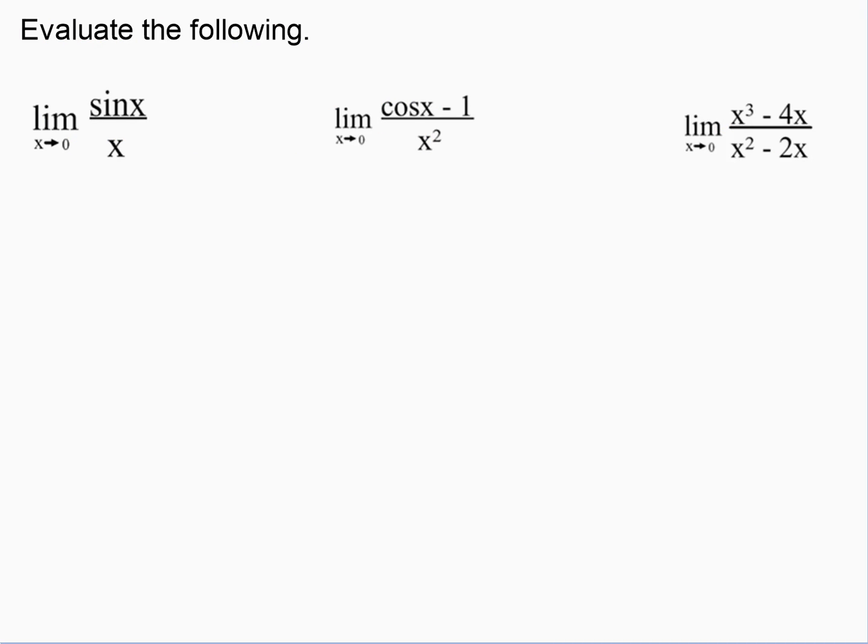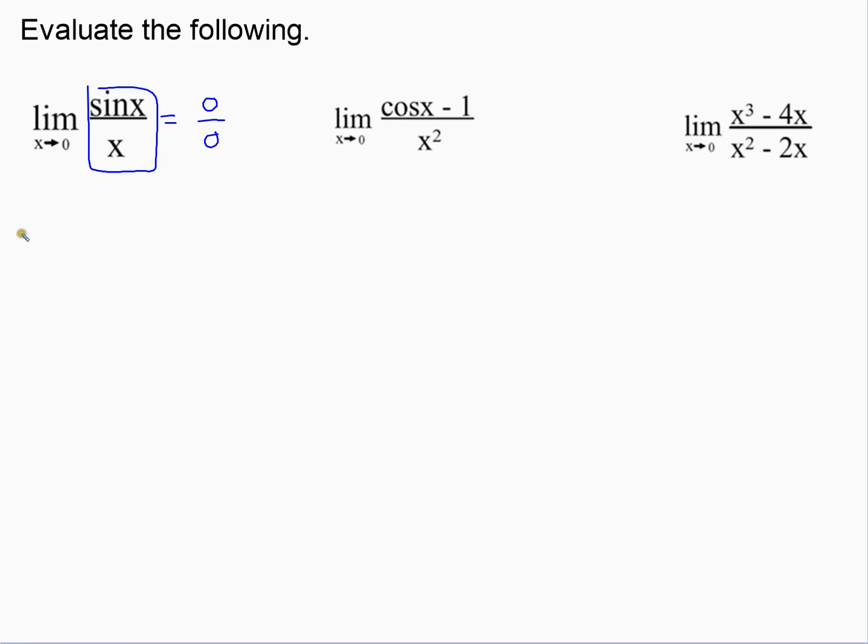So in this first one, we have the limit as x approaches 0 of sine of x over x. Well, if we think of this limit, we can put 0 in both of these. Sine of 0 is 0, and we have another 0 here. So this fraction part as the limit is 0 over 0, so it's an indeterminate form.